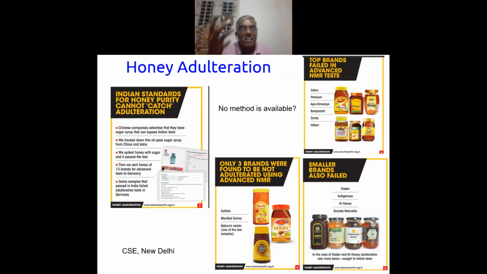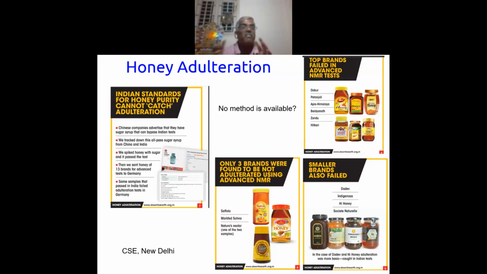But once the brand samples were taken to Germany and tested there, they identified that sugar syrup was added to the honey. It is not natural; it is actually added sugar. This is recent news I caught from the CSE in New Delhi.